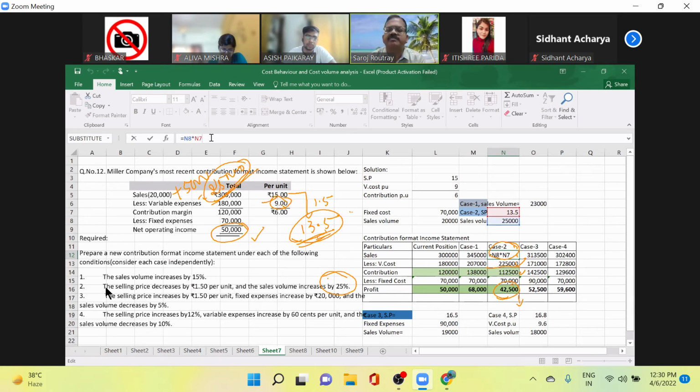And then you have to deduct fixed cost also. My calculation is correct or not? Yes, sir, it is coming to 42,500.